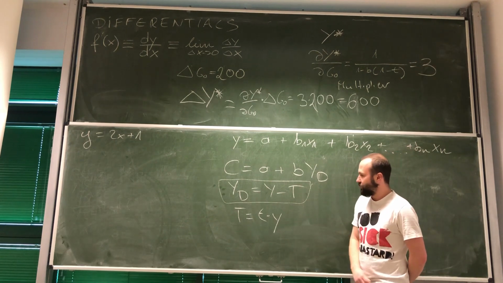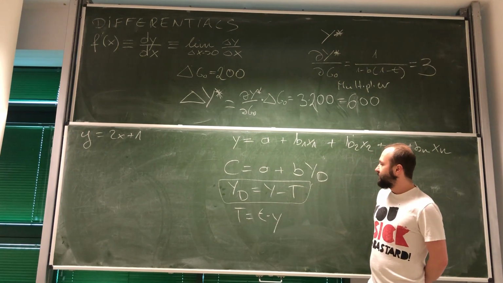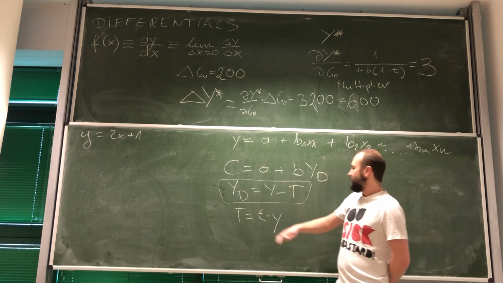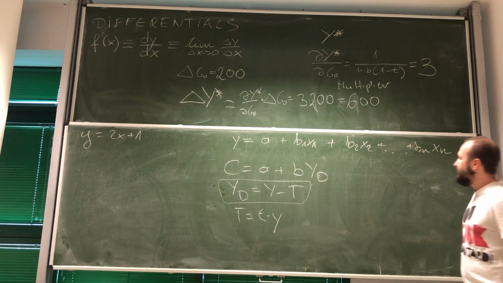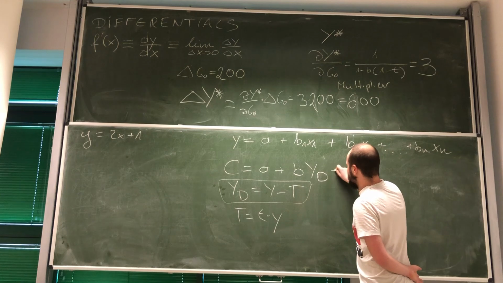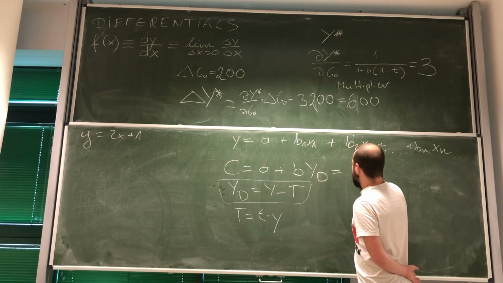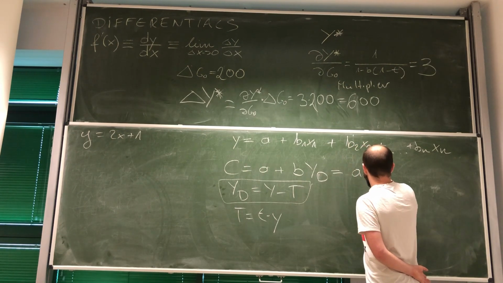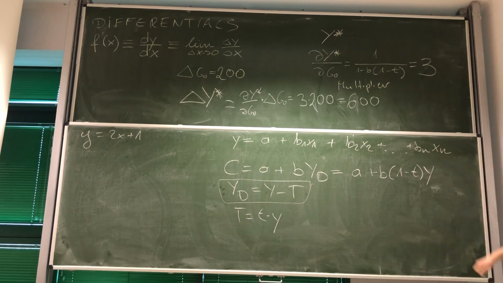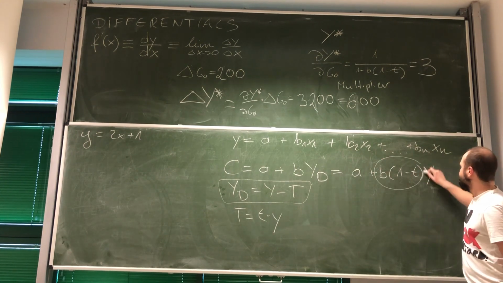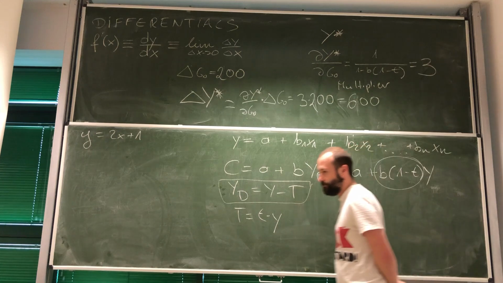This is a two-dimensional linear function where tax revenues are equal to tax rate times income. And if I combine this here, what I'm still getting is a linear function, where this is a coefficient.